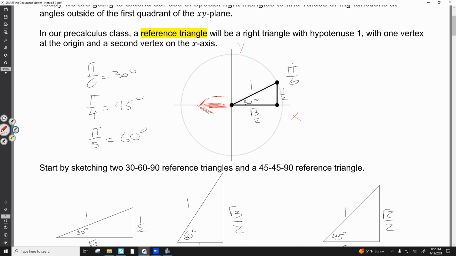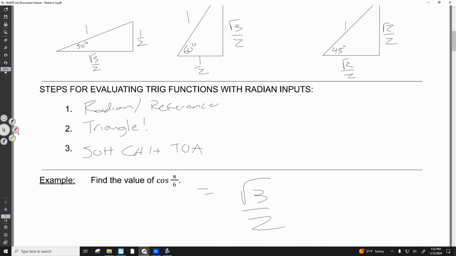If you go down on the y-axis, you're going to consider y length to be negative because direction matters. Okay? That's what's new, is that we are going to place our triangle, but we are going to pay attention to direction.